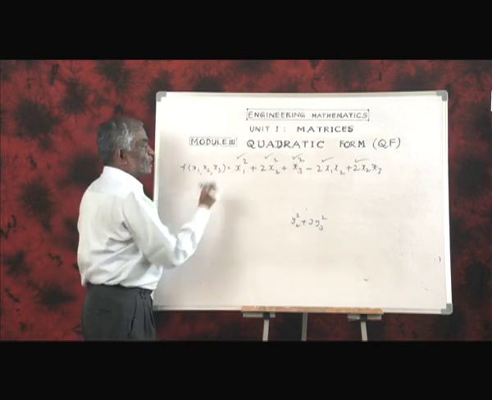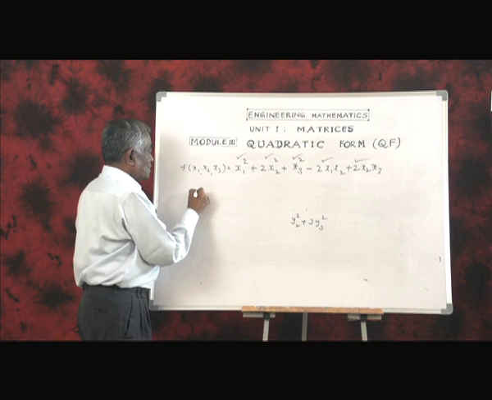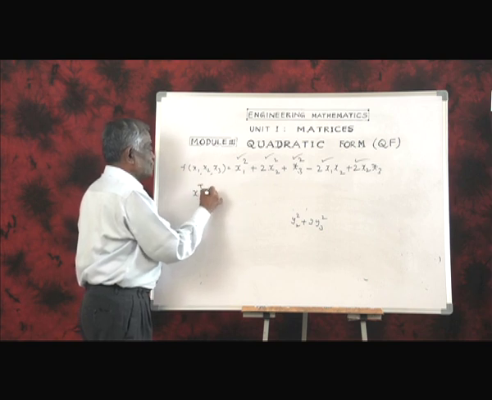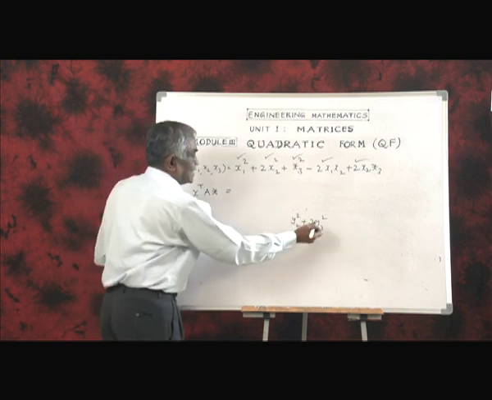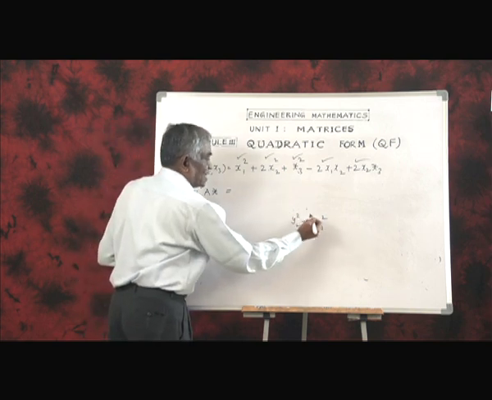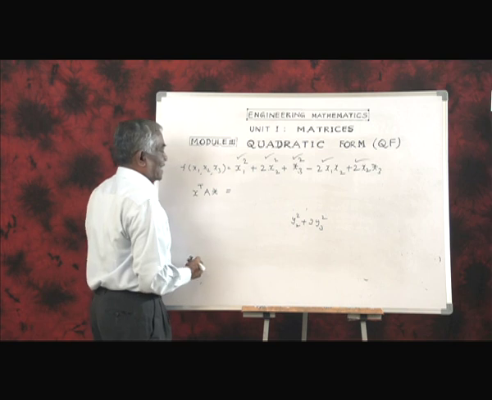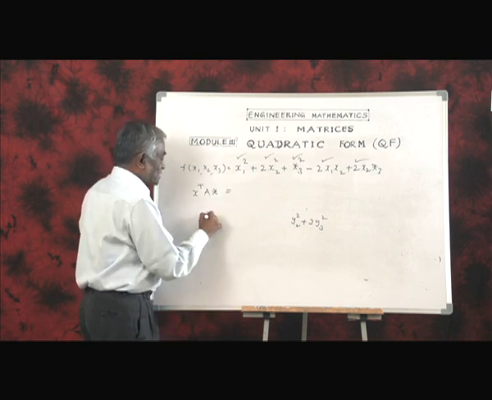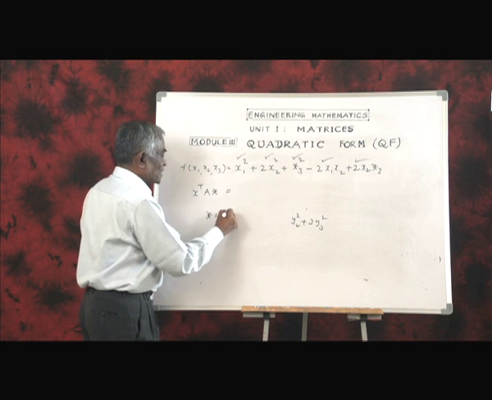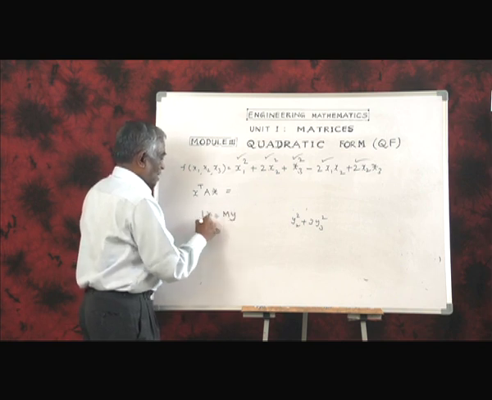The given quadratic form is this, in matrix form x transpose Ax. And here this is written as y2 square plus 3y3 square, the diagonal form. So we have some relationship. The relationship is x equals My.